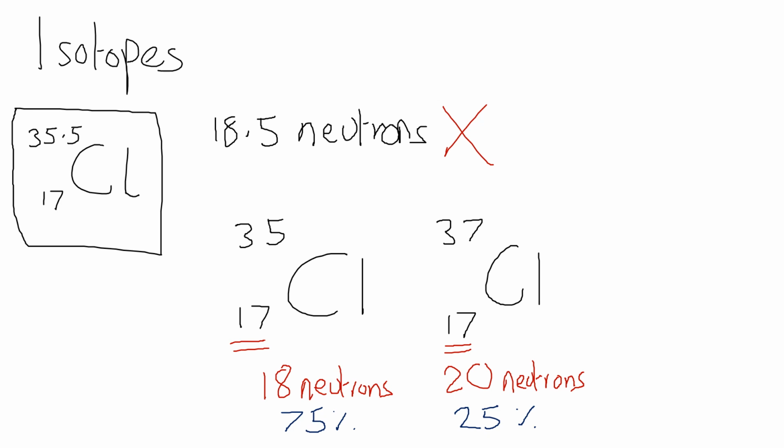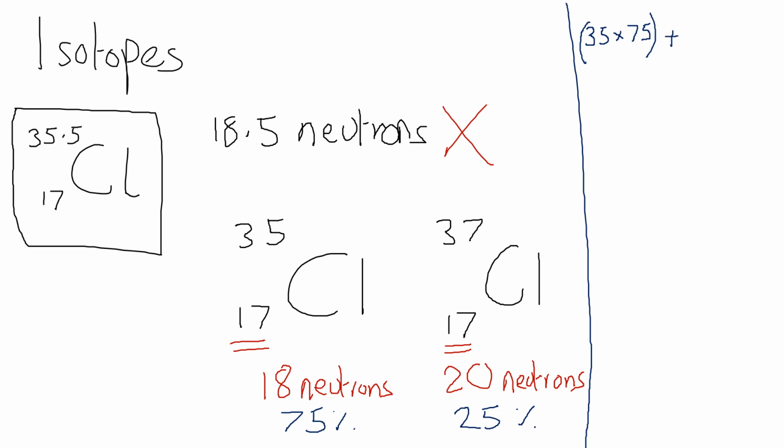So let me show you how we actually do the calculation, and then you can apply this to any example. What you do is you take the mass of the isotope, which is 35, and you times it by its percentage, which is 75.